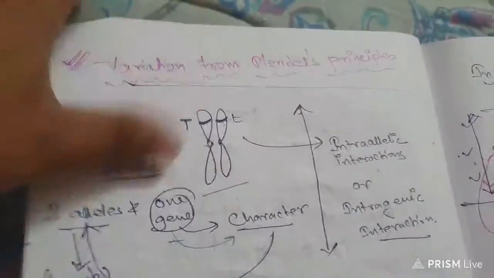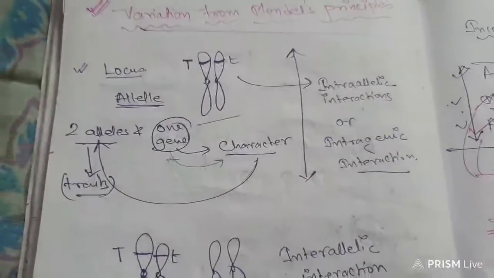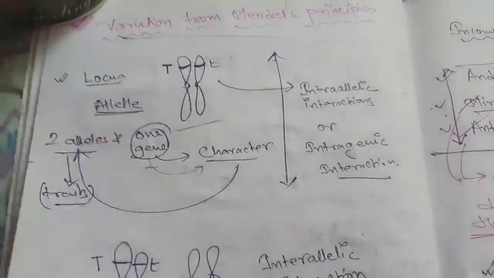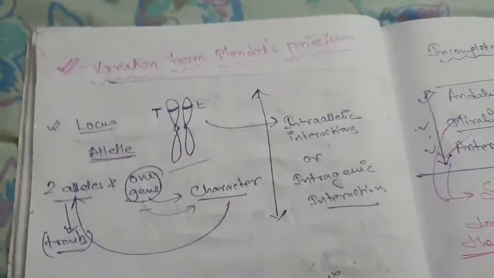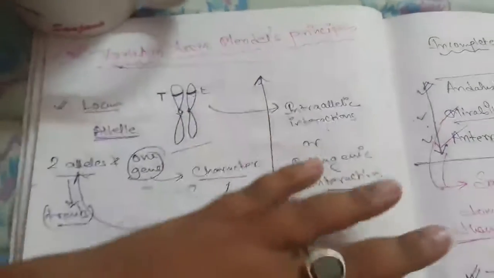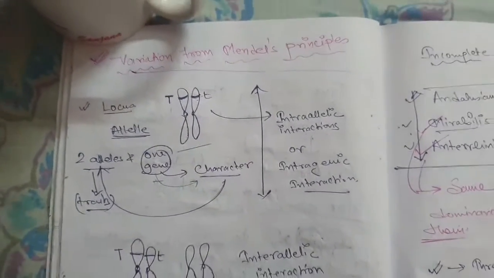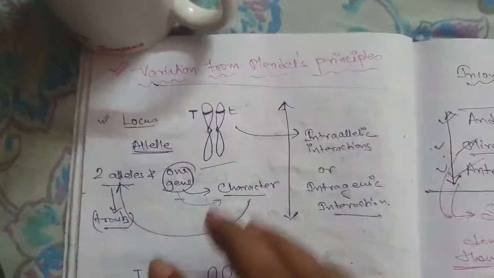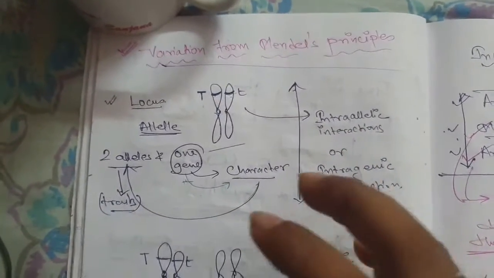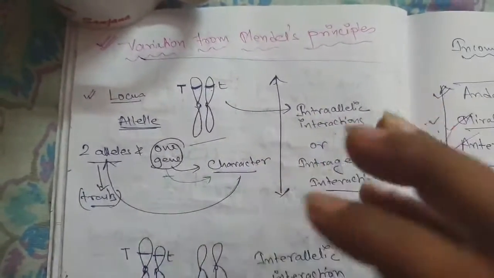Okay, here you can see that this is an old thing that I have taught, but I want to revise everything all together so that everything remains in your brain together, so that it helps you. Actually, my aim was to teach you all the variations from Mendel's principle.